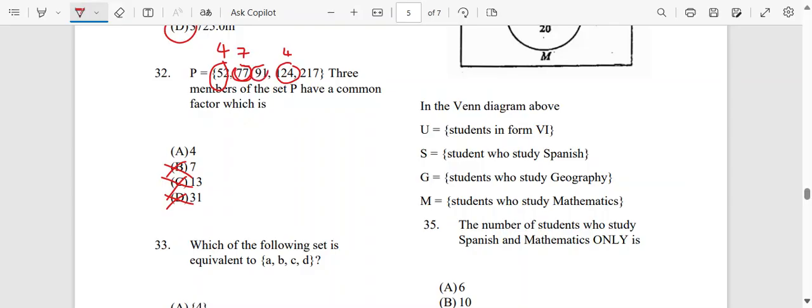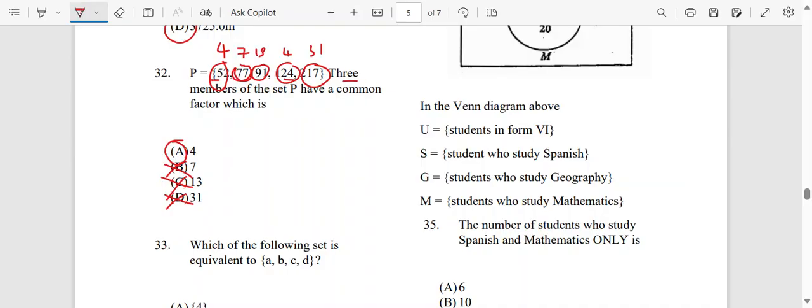This one is 13. This one is 31. All right, so 31. So it's actually 4, which is the answer because we have that one and that one, but they ask it for 3.